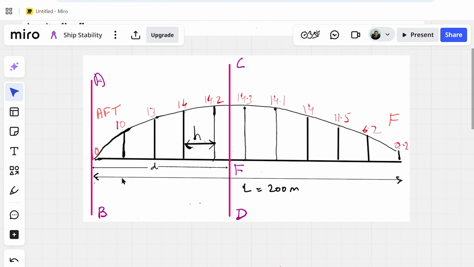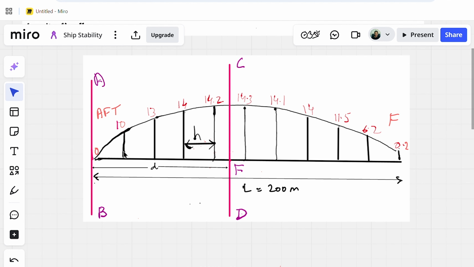What we can do is draw a parallel axis either at the aft end or at the forward end. Like I have drawn at the aft end, a parallel axis AB, which is parallel to this axis CD passing through the center of flotation. Now the distances from this axis are available to us because we know the common interval h, and all are equally spaced by h meters.